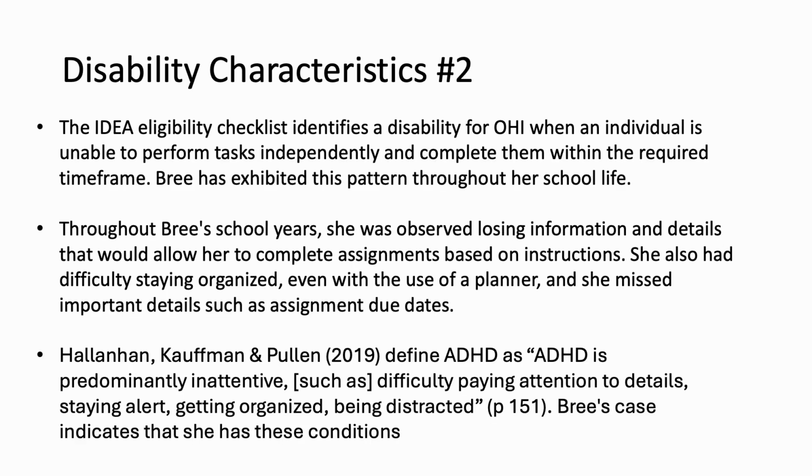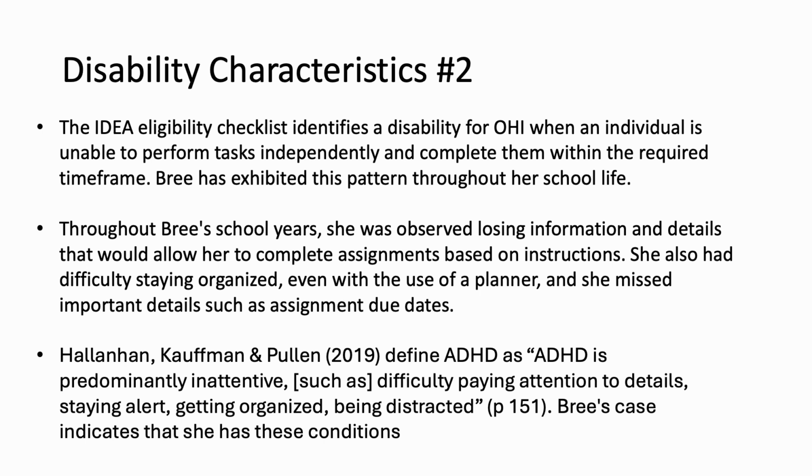Considering the IDEA eligibility checklists, the second one is staying on and completing tasks. From elementary school through high school, she had this problem. She always struggled to complete her assessments. Even though she had an agenda, she would forget assessments or turn them in late.